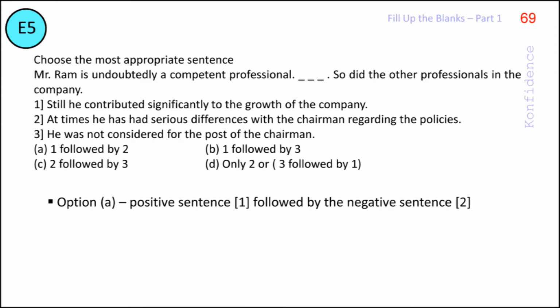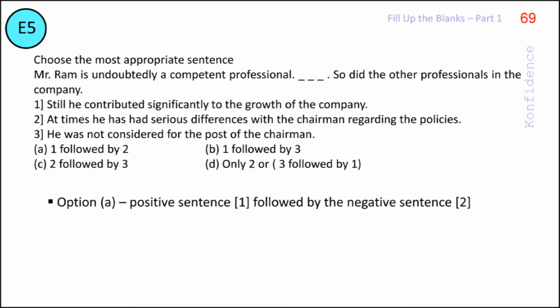The answer option A is positive sentence 1 followed by the negative sentence 2. But the first word, still, in sentence 1 indicates a contrast with the sentence that precedes it. Here the preceding sentence is a question sentence. Mr. Ram is undoubtedly a competent professional.